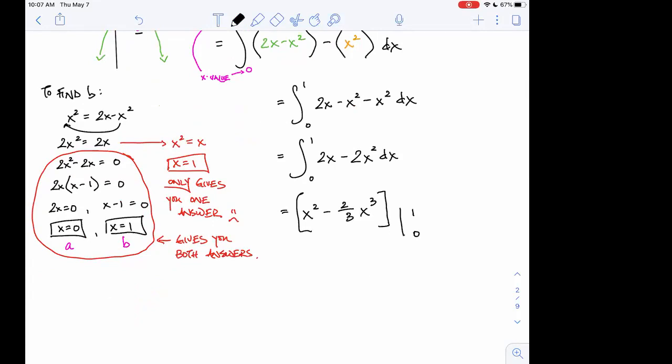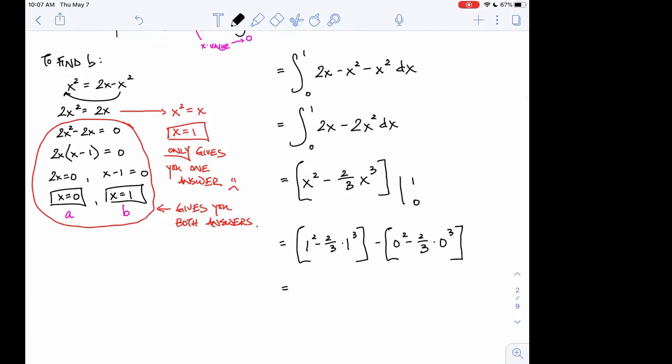Now I'm going to use my fundamental theorem of calculus part 2 and plug in my bounds. So first I'm going to plug in b, so 1 squared minus 2/3 times 1 cubed minus 0 squared minus 2/3 times 0 cubed.